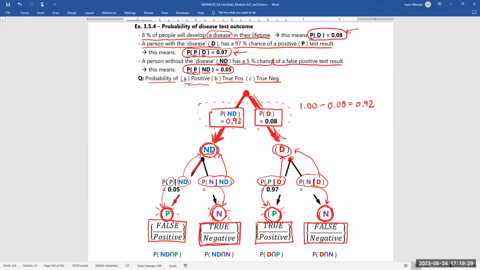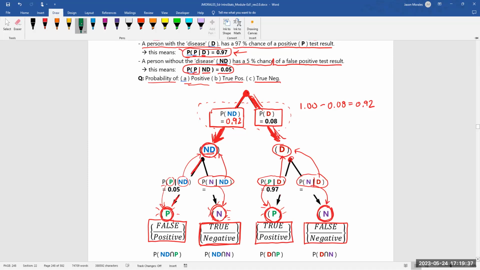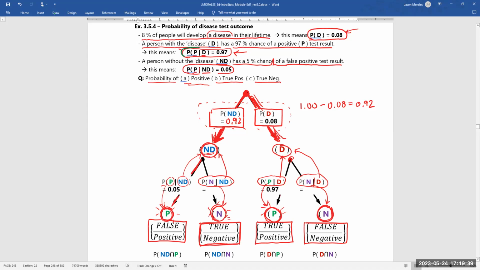positive given that you're diseased is 97%. So we can look for this probability in our tree, and it's right here. So the probability of testing positive given that you have the disease is 97%.